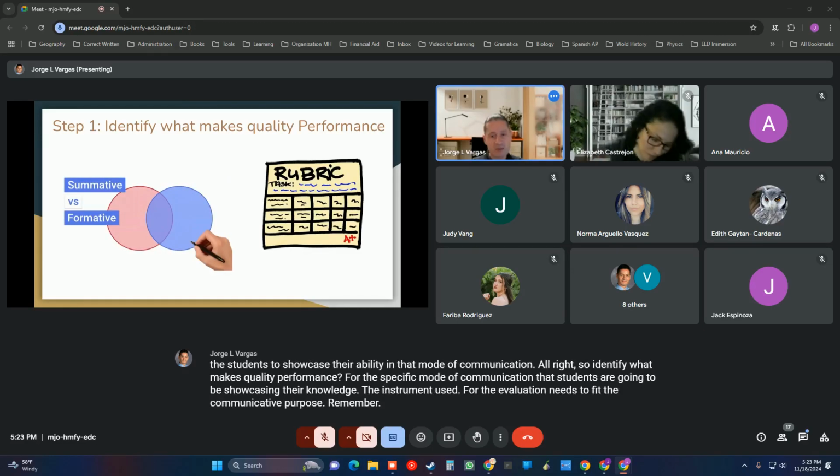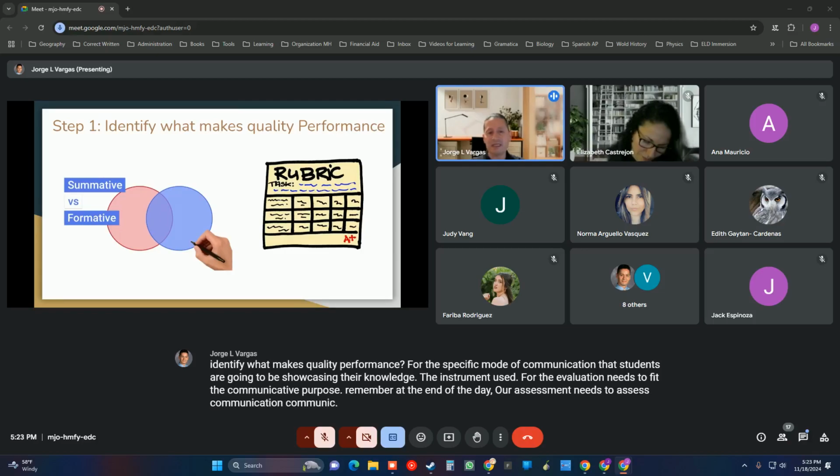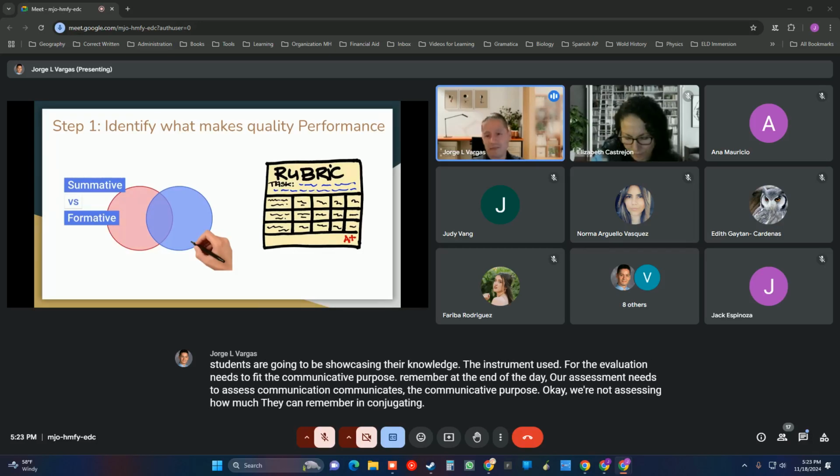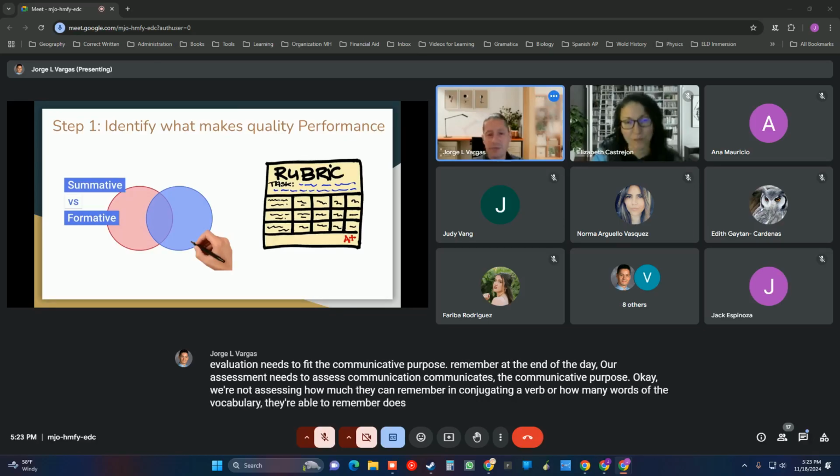Remember, at the end of the day, our assessment needs to assess communication, the communicative purpose. Okay, we're not assessing how much they can remember in conjugating a verb or how many words of the vocabulary they're able to remember. That's not what we're assessing. We are assessing communication, how well they can communicate.